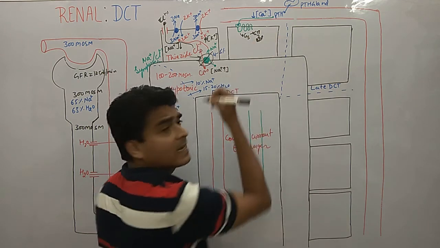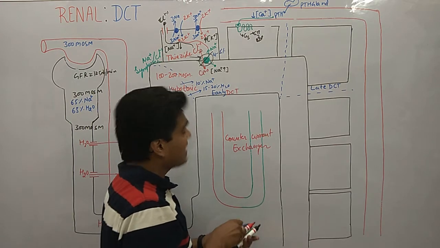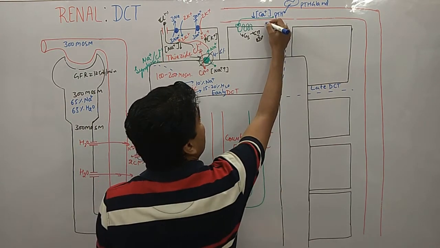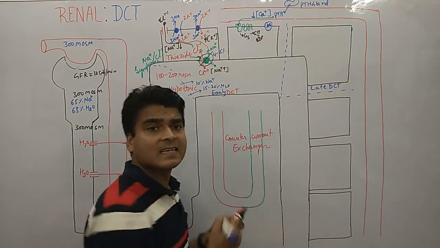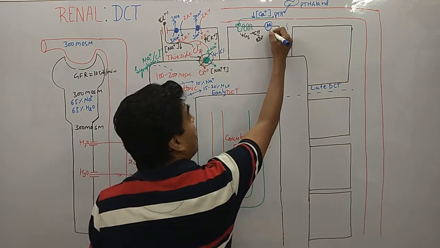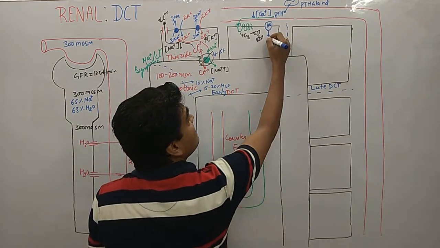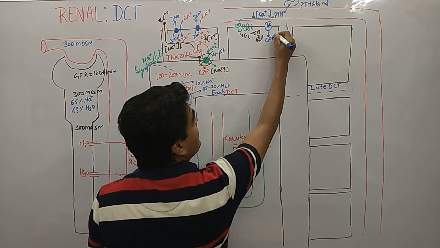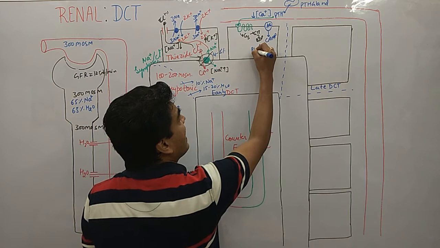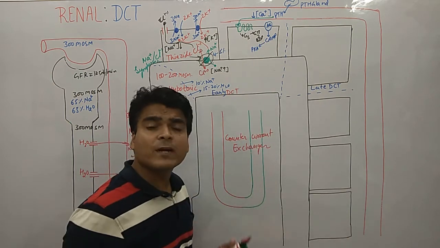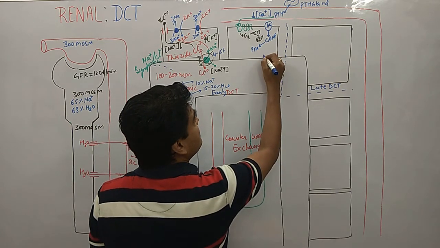Clear? Now it activates an enzyme, and that enzyme is known as adenyl cyclase. Clear? Now what will adenyl cyclase do? Adenyl cyclase produces cyclic AMP, and then cyclic AMP further activates protein kinase A. Now this protein kinase A activates a special kind of channel.